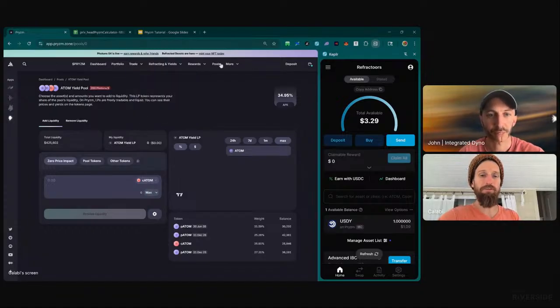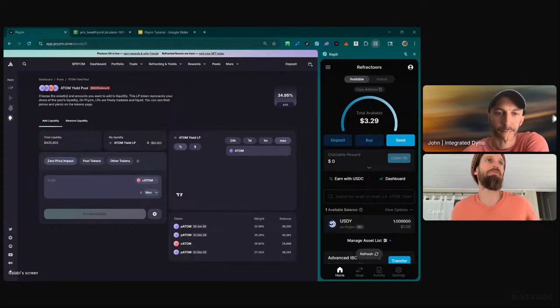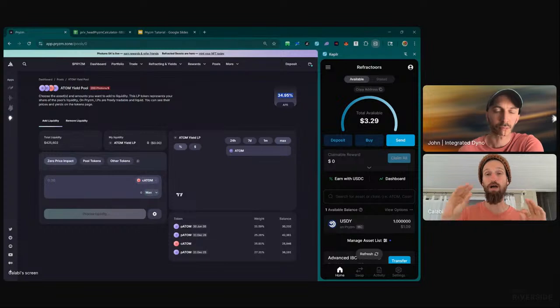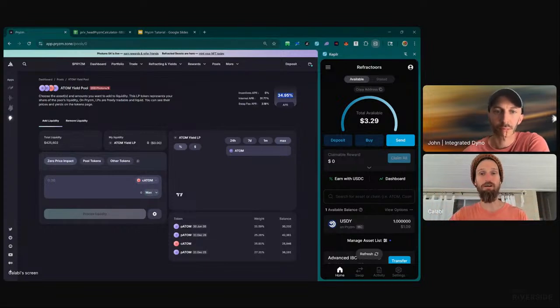I think, coupled with the fact that depending on your outlook for Pryzm, and that LPers get the highest share of photons, if you had that outlook like, hey, I believe in Pryzm long term, I don't want to necessarily buy it, but I want through my engagement with the protocol to earn some Pryzm, I think this could be worthwhile. I think they could do a better job of showcasing when this is a good time to get in or out, or the overall average APR of the pool.